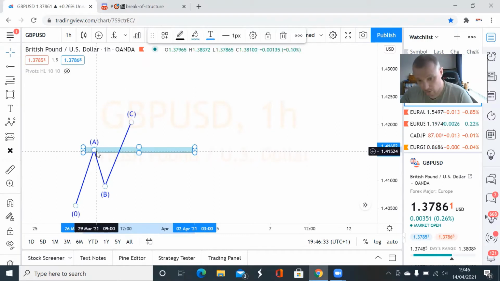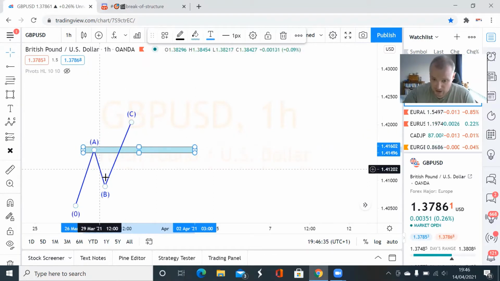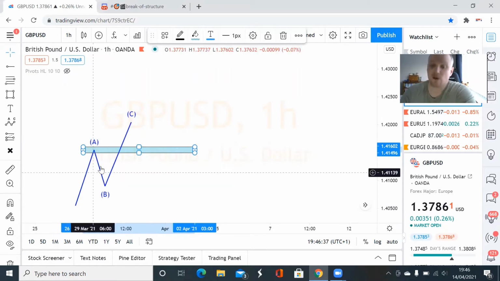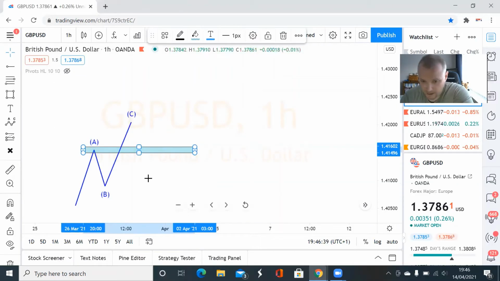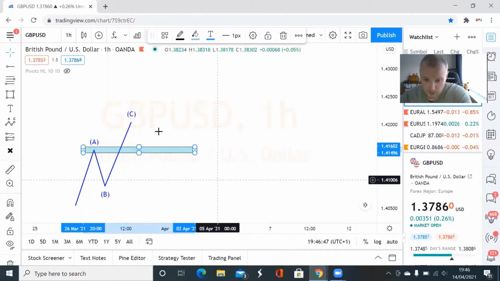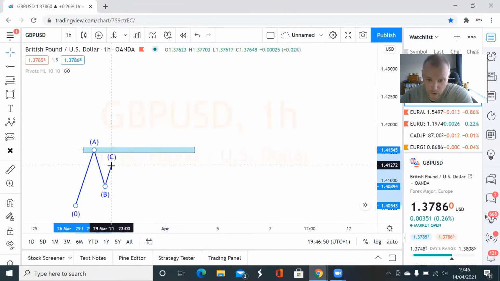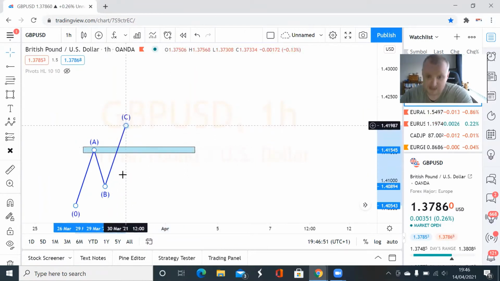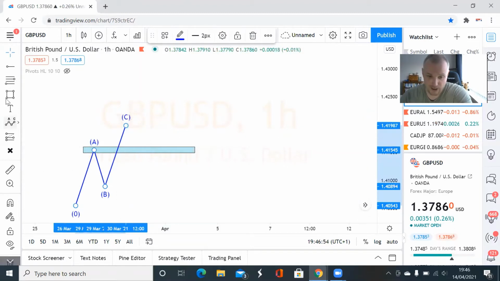The sellers then take control, and they are chasing the ball back down the hill. Once they get down to the bottom of the hill, the buyers are thinking, we've had enough, give us our ball back. They start driving and pushing that ball back to the top. Until we physically see that, there's not a breaker structure.